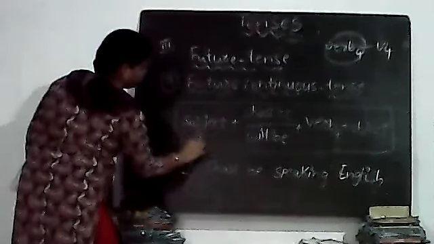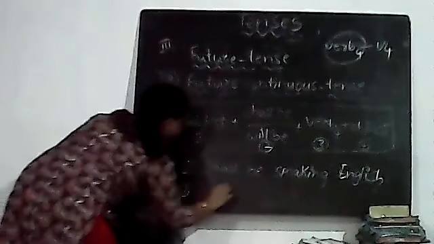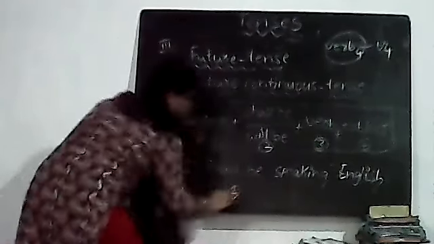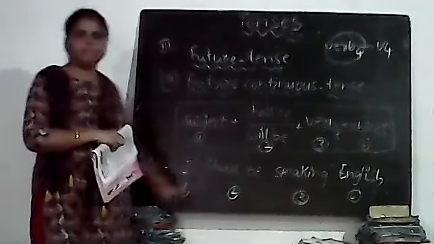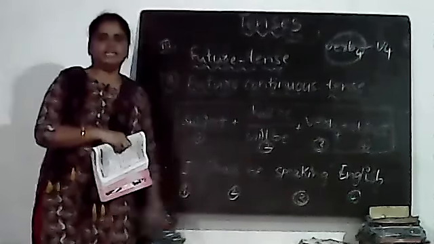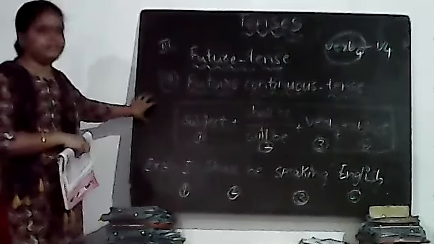Again we divide the structure into parts and analyze the example. Are there 4 parts or not? Check once on the example: first one, second one, third part, fourth part. So I shall be speaking English. These are the future continuous tense.